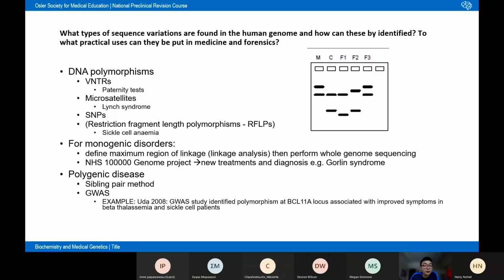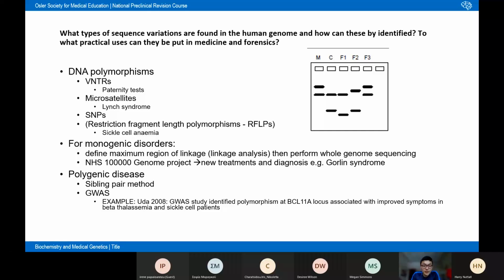And then if we consider 2 examples of where these sequence variations may come into play, we have monogenic disorders. For instance, the NHS 100,000 Genome Project sequenced 100,000 genomes to enhance our understanding of genetic variants that ultimately can help us understand new treatments, but also help with diagnosis.